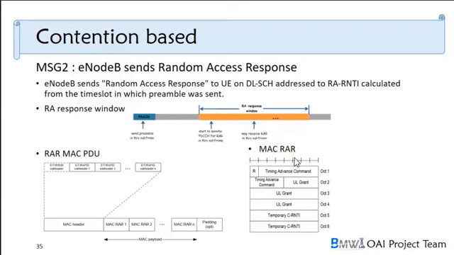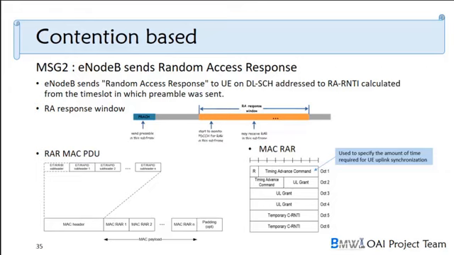And in message 2, we have 3 important messages we have to know. The first is the time advance command. It is used to specify the amount of time required for UE uplink synchronization.